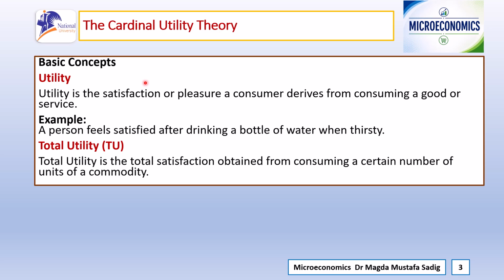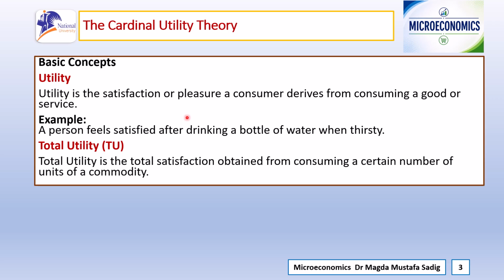Notice that utility is completely subjective. Different people obtain different levels of satisfaction from exactly the same product. For example, one student may love coffee, another student may prefer tea, someone else may dislike both.